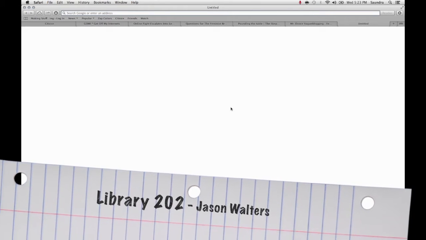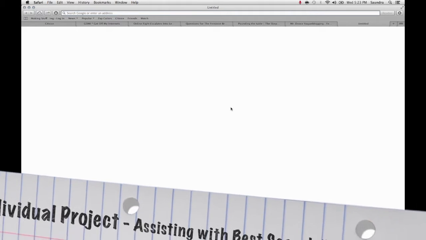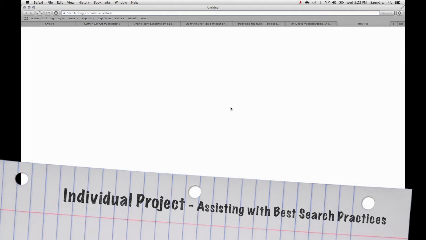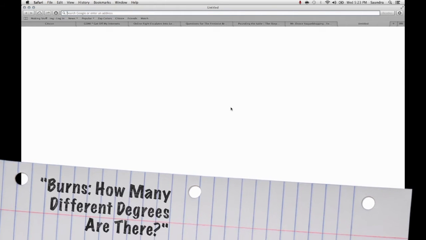If you were looking for different types of burns, what would you do? If you want to know the different kinds of burns. I would go to a dictionary and then to the computer so I know what a burn is. Okay. Do you know where you would go to look online for different types of burns?